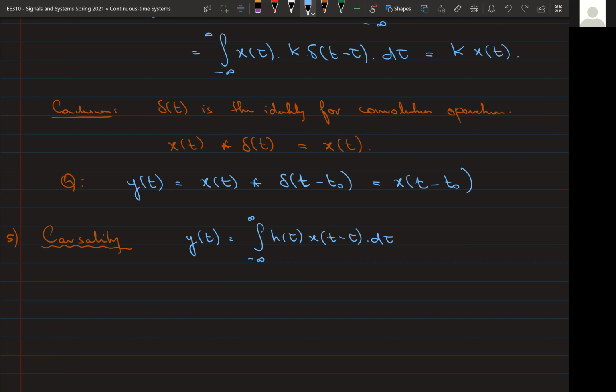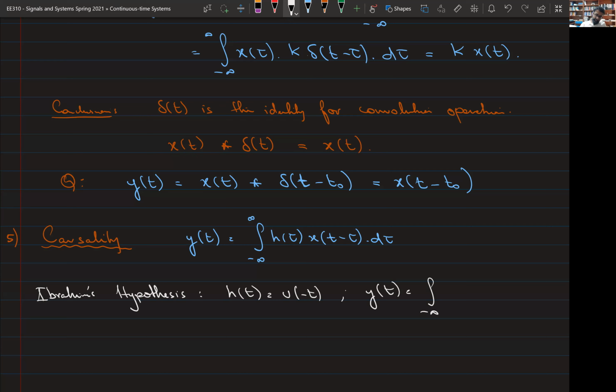Okay. If h of tau equals u of minus tau, let's try that hypothesis, Ibrahim's hypothesis, which is: let h of t equals u of minus t, right? So then y of t would be what? y of t would be the integral from minus infinity to plus infinity of u of minus tau x of t minus tau d tau, right?